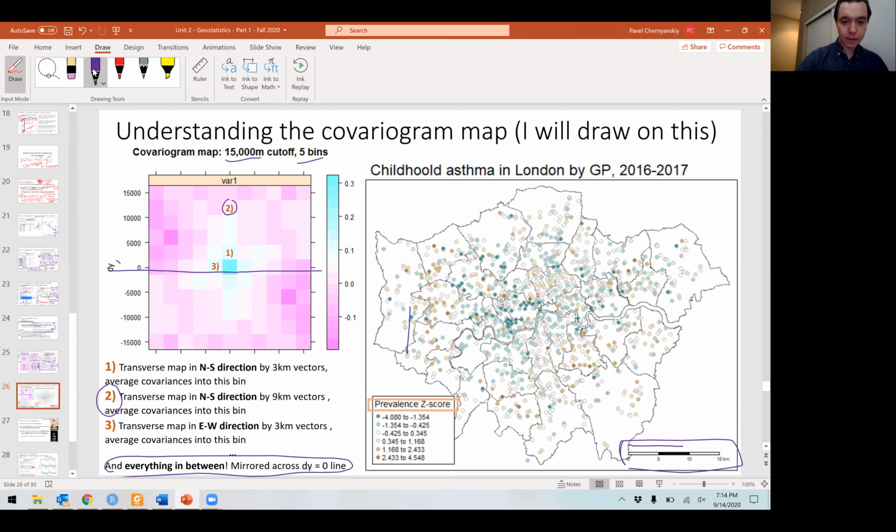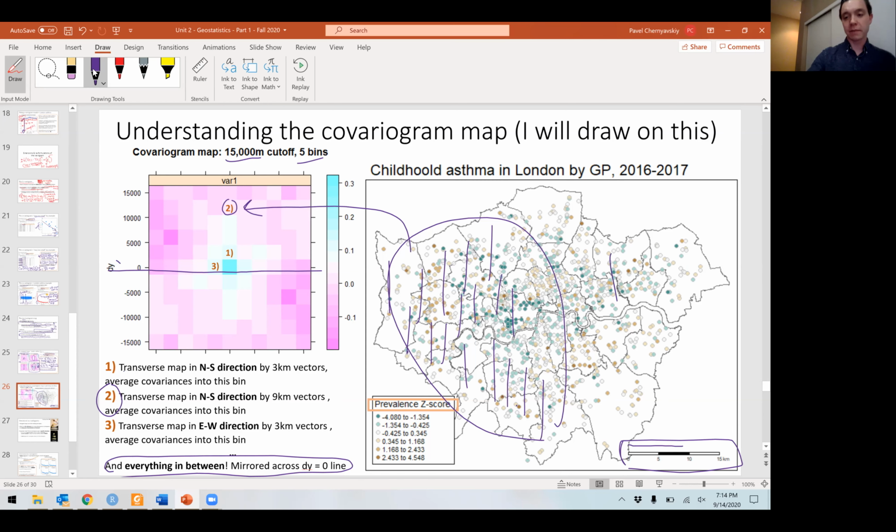And of course it does this programmatically. And we're going to average the covariances. I'm going to average all these covariances into this bin. And of course we're going to fill up the map, right? And you can see that what this returns is something that is actually pretty close to 0. So for 9 kilometers directly north-south, all data that is within 9 kilometers of other data is actually pretty uncorrelated.